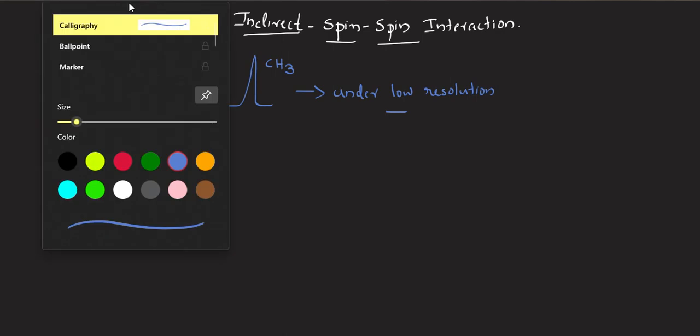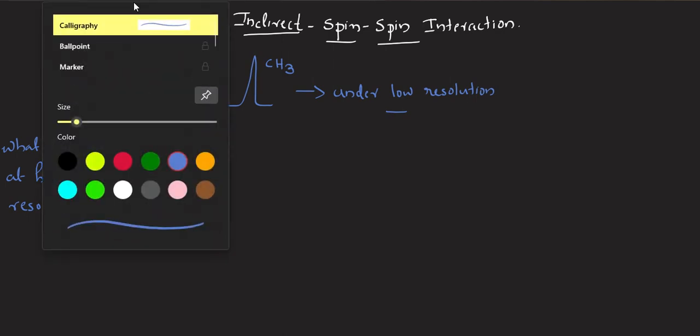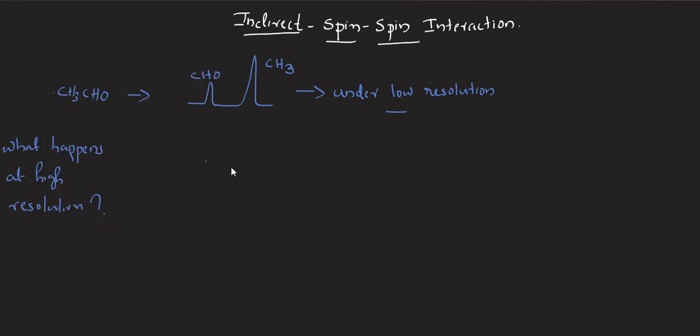Let us see what happens when the resolution is increased. What happens at high resolution? Now, if the resolution is increased, we will realize that actually this CHO peak is not a single peak.